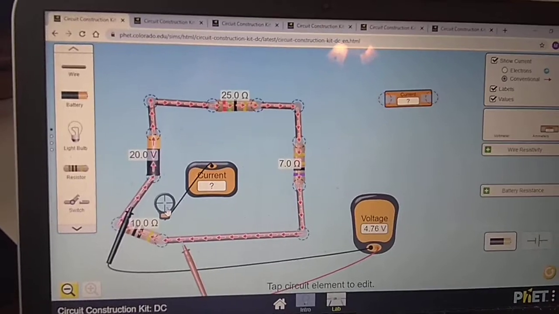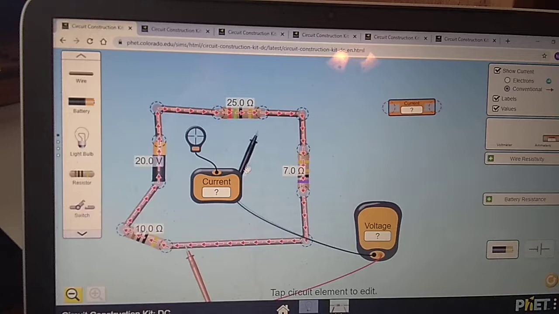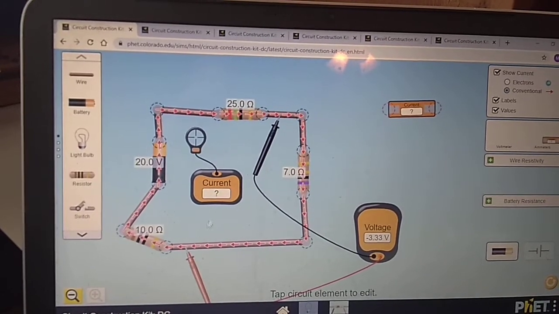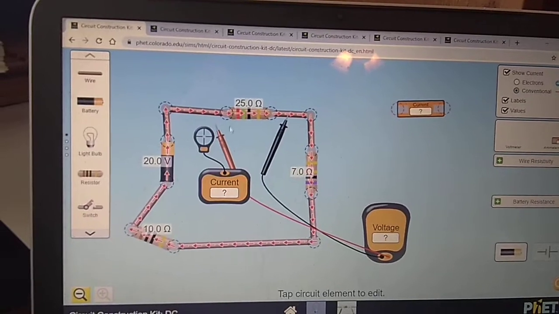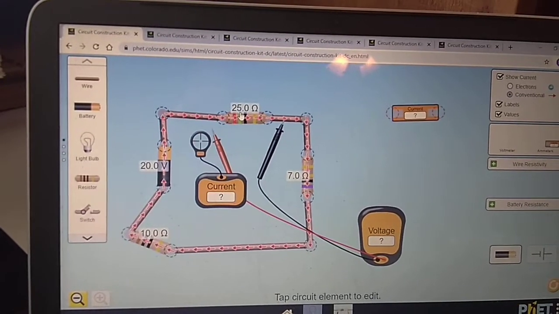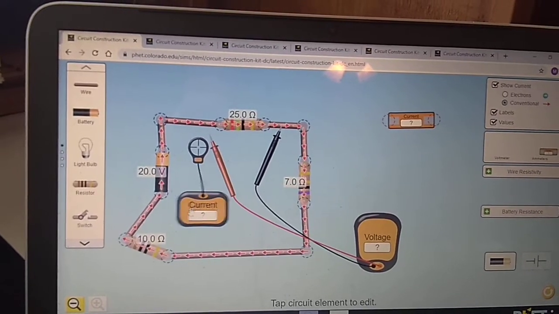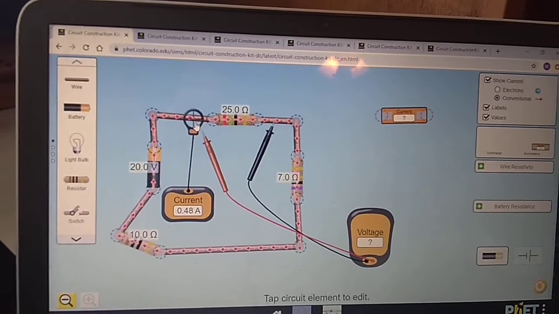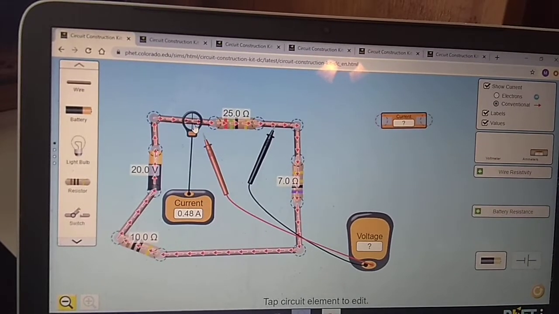current in here. Okay. We can predict the voltage drop if we know the current and the resistance. So, the resistance of this first resistor is 25 ohms. And if we use this little cheating current tool here, we look at the current going in. Oh, notice that the current going in, it doesn't matter where we put it, the current going in and out seems to be the same, 0.48.